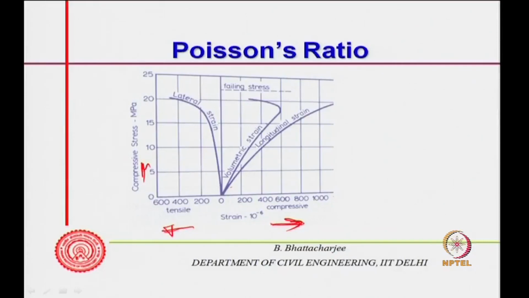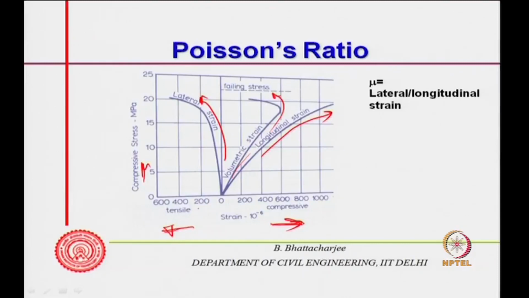This is the longitudinal strain, this is the volumetric strain, which we talked about earlier with ultrasound pulse velocity and acoustic emission, and this is the lateral strain, which is in the opposite direction, in the tensile direction. So, mu is defined as lateral by longitudinal strain.